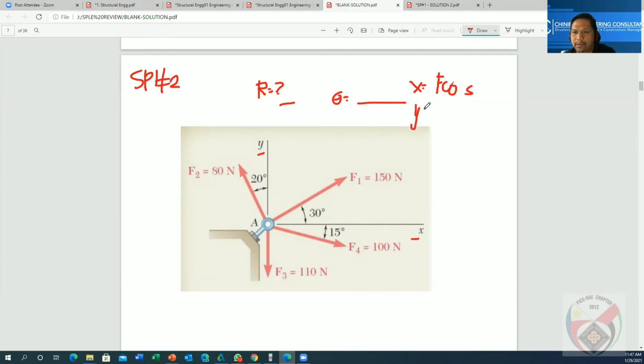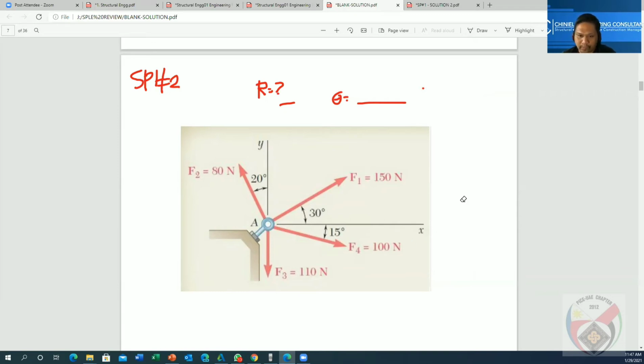If you're going to take the y component, F sine. But this is not always the case. It depends on the angle kung saan siya naka-reference. Okay? So I will not recommend this one. Better to use the diagram.